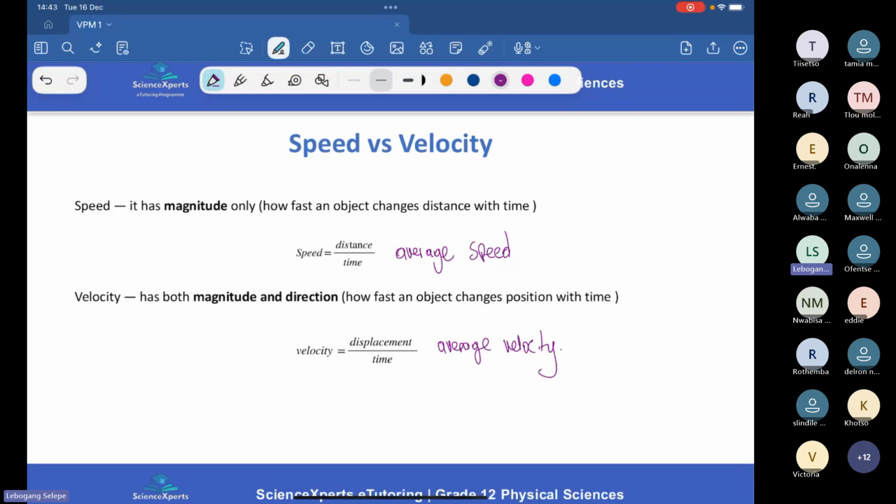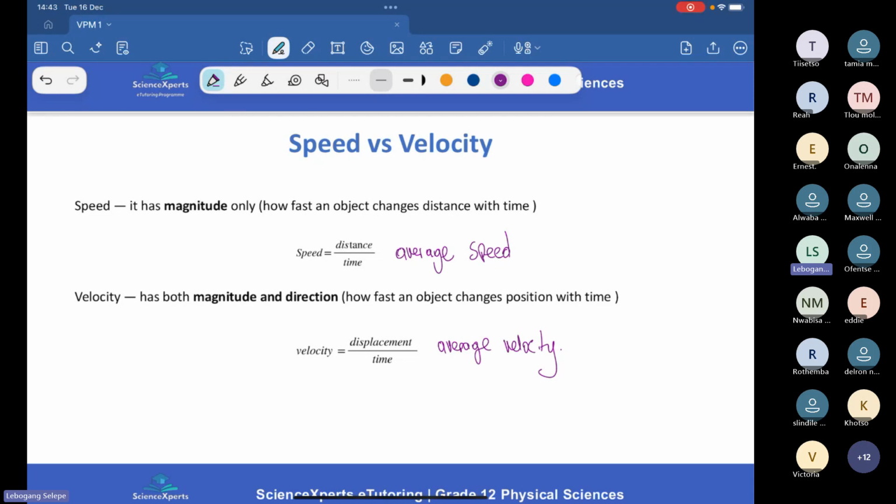So just to summarize the difference, speed is the measure of how fast you change distance. How fast does your distance change? Whereas velocity is how fast your position changes.